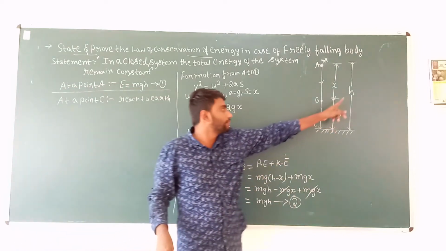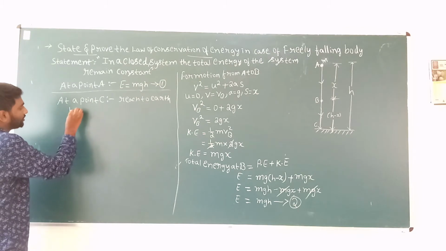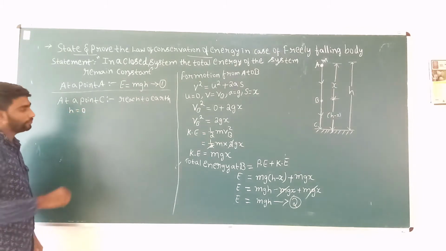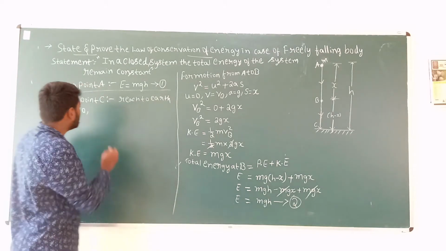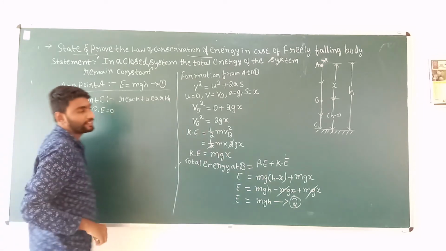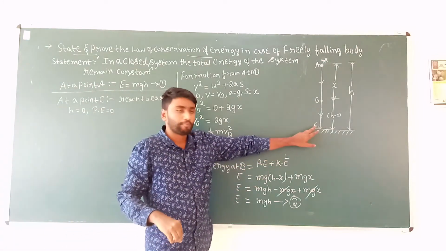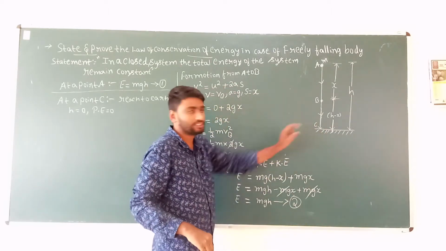the height becomes 0, so h equals 0. The potential energy PE equals 0. At point C, the potential energy is 0 because the height becomes 0.